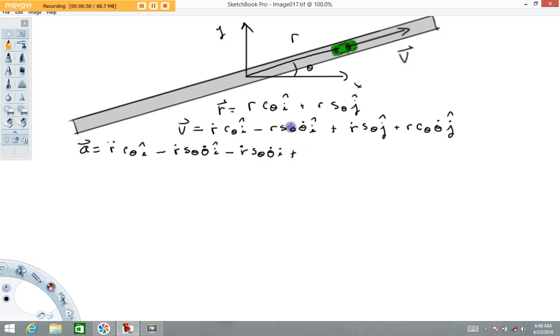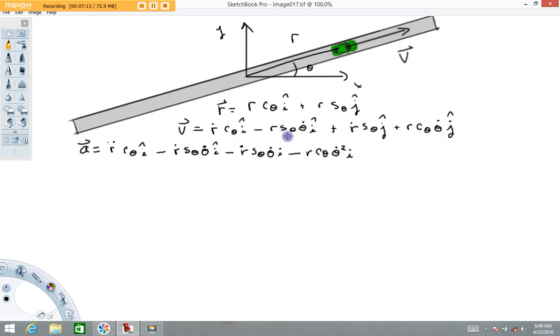Plus, whoops, let me go back here, minus actually. Now we're going to time differentiate this, so we're going to have r cosine theta, theta dot. And there's another theta dot, so I'm just going to write that theta dot squared, i.